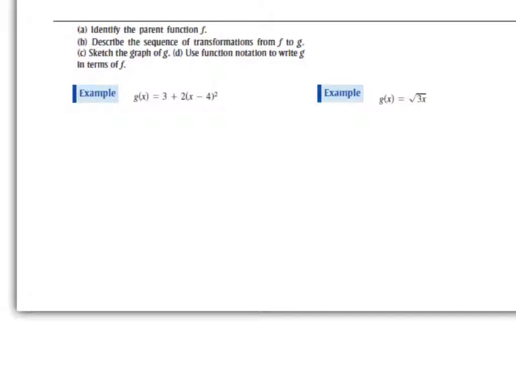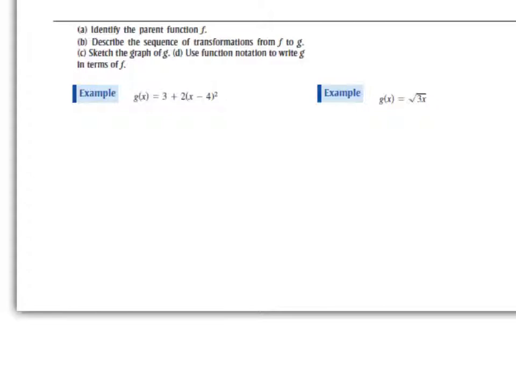You're going to do the transformations in order that you see them. Notice that the -4, if you're going to plug something in for x, you would have to do the -4 first, then take care of the square, but then you take care of this multiplying by 2 and then adding 3. So what we have happening here is, in order, a horizontal shift to the right because with x, you always do the opposite.